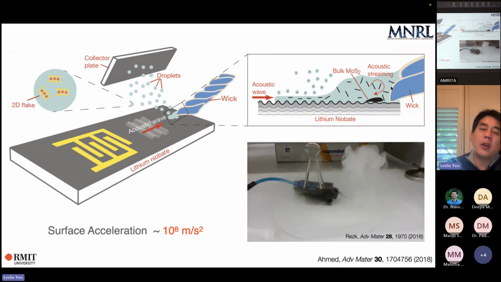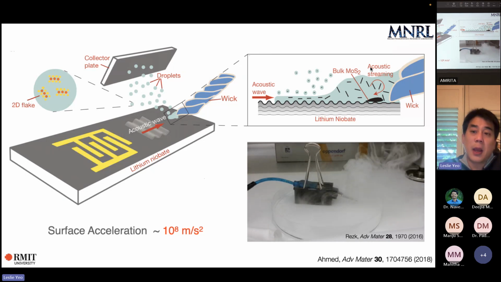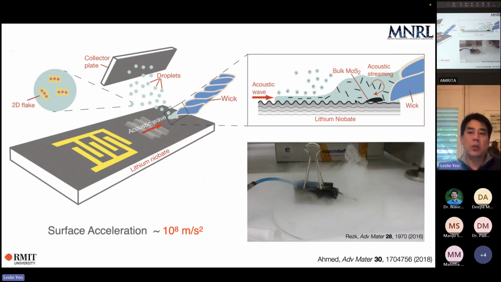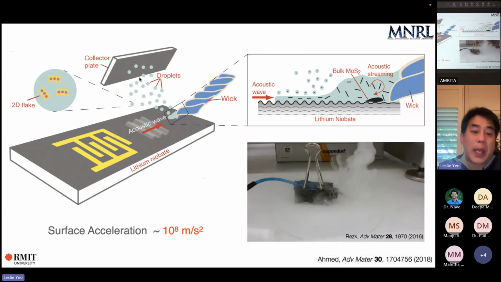So this solution is a suspension really of bulk, in this case molybdenum disulfide, which is the TMD. It's in bulk, so many layers, large chunks of them, and then we nebulize them and we collect them on this plate and we examine them.